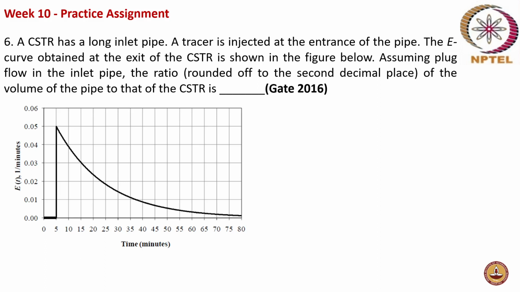They have asked us to find the volume of the pipe relative to that of the CSTR. The E curve has a zero value from 0 to 5 minutes, then a spike at the 5th minute, and then an exponential decay curve up to 80 minutes.